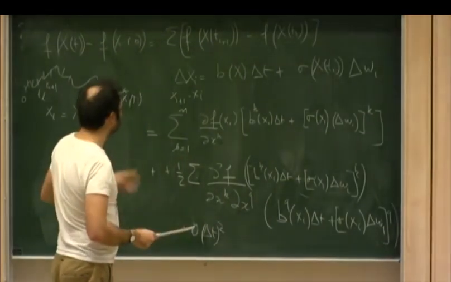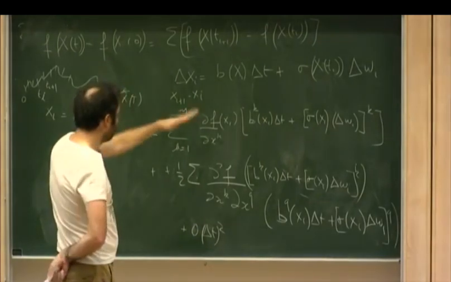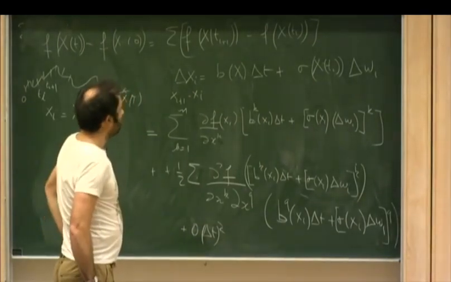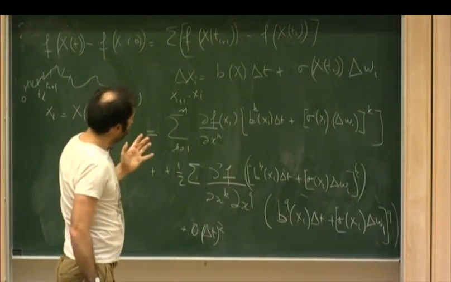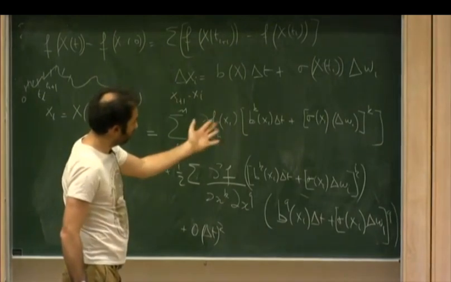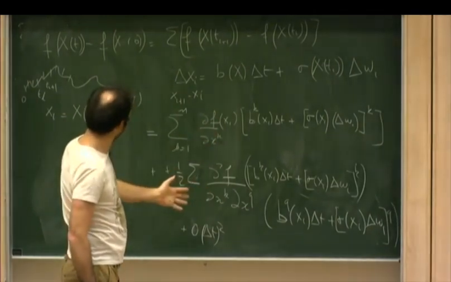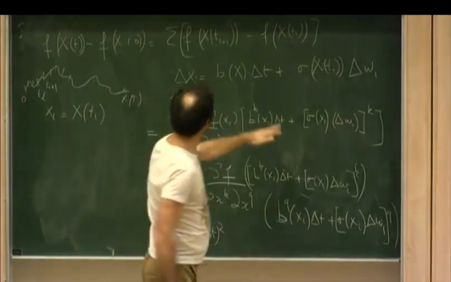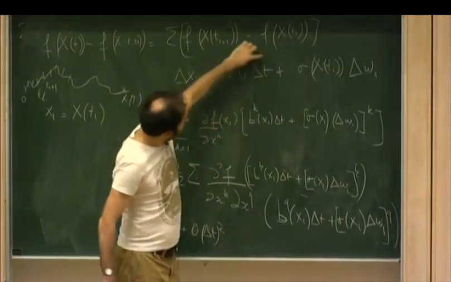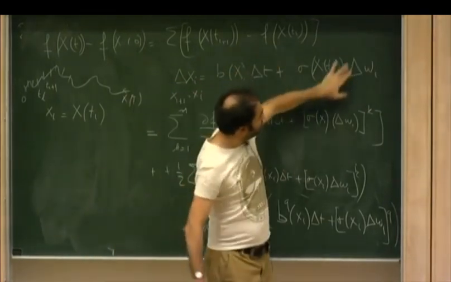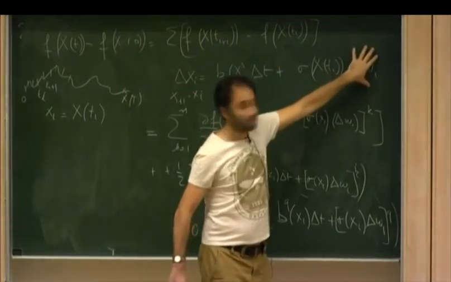All right, so now what do we do with all of this? So this is a stochastic equation. Like this term, there is a term that is going to depend on delta t, and a term that is going to depend on the noise.